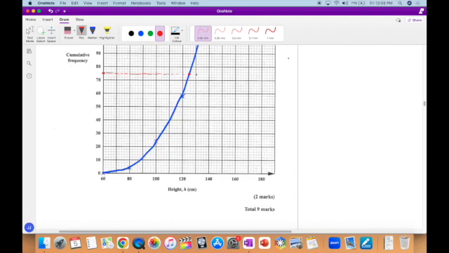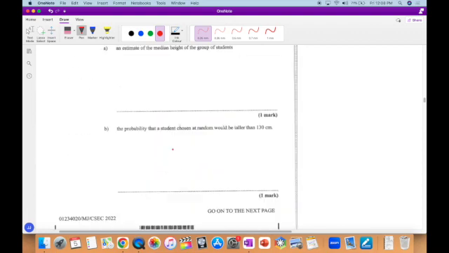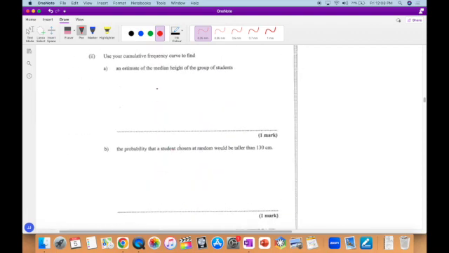So this will be the median. When we cut down there, we can see it's around 125 centimeters. So let's call it 125 centimeters approximately.